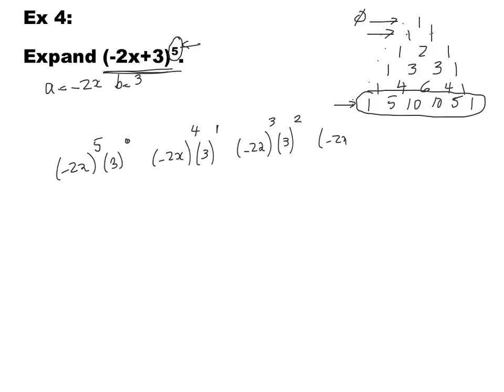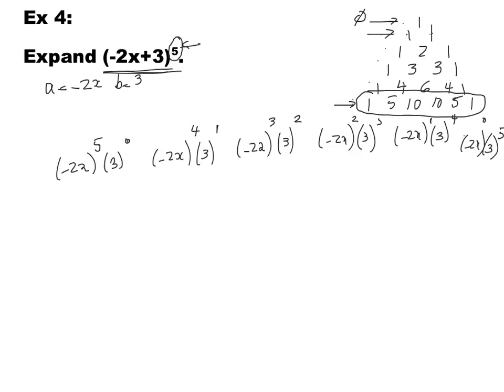Negative 2x exponent 2, 3 exponent 3, negative 2x exponent 1, 3 exponent 4, and the last one is negative 2x exponent 0 and 3 exponent 5.